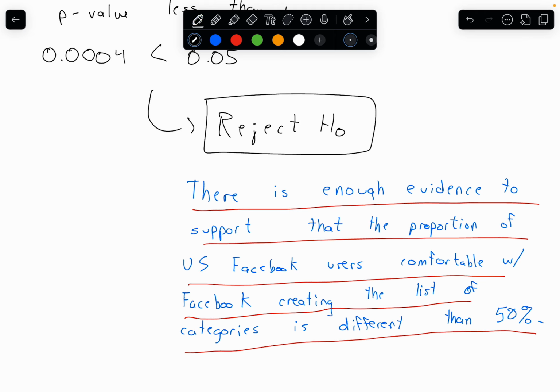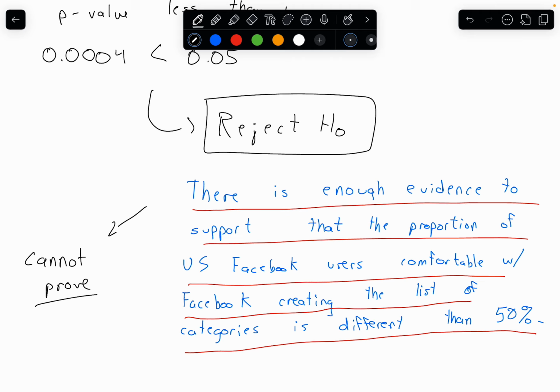And the one I want to specifically call out is we cannot ever in these types of problems prove anything. If you use the word prove within your interpretation, you will lose points because we can't prove anything in a hypothesis test. All we can say is what is likely. And in fact, it is certainly possible for us to make a mistake. Even if we did everything right, we might make a mistake within our hypothesis testing questions. So we want to be careful with that language.